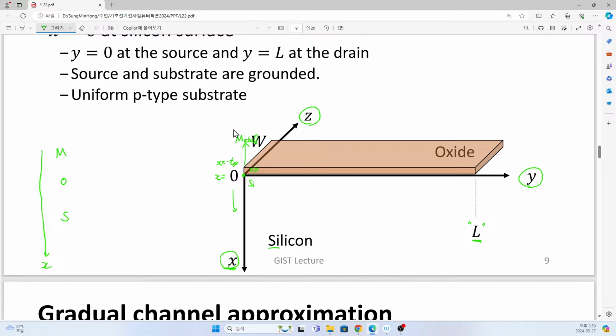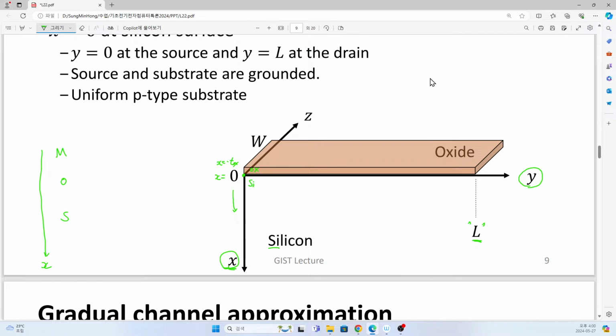So it is just treated with the multiplication factor W. If we have a transistor twice as wide as this device, then all current quantities will be just multiplied by two. Yes, 2W will be multiplied to our current. Okay, so the z direction is not that important.